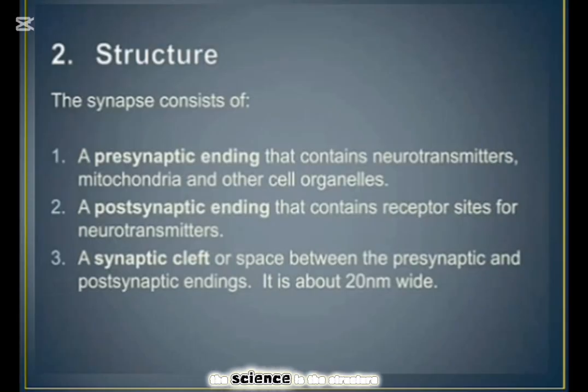Second is the postsynaptic body or ending.